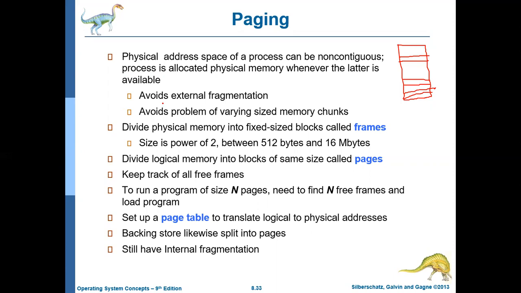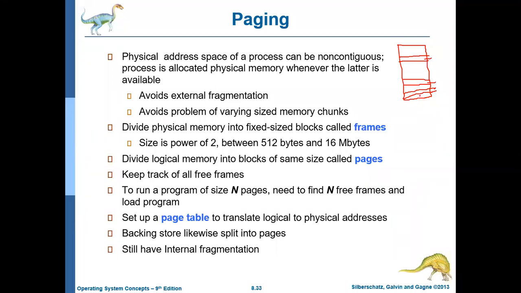It avoids external fragmentation. Why does it avoid external fragmentation? It avoids the problem of varying size memory chunks. Suppose in contiguous memory location, 1 MB here, 1 MB here, 2 MBs here are free, but these locations are not contiguous.